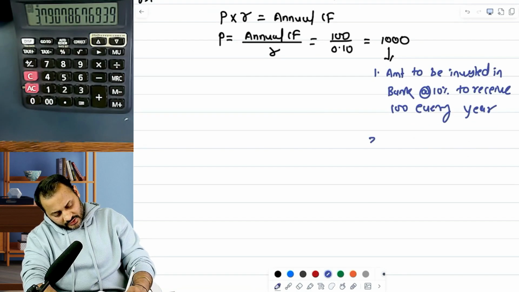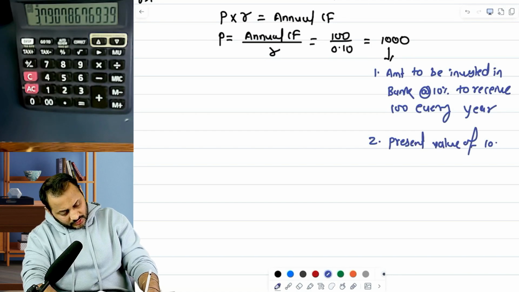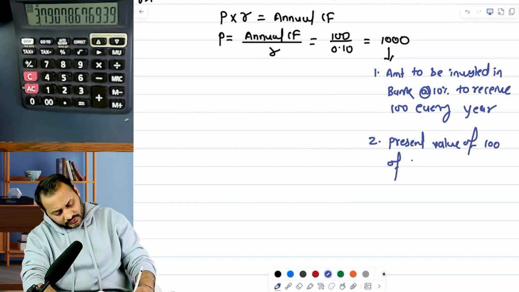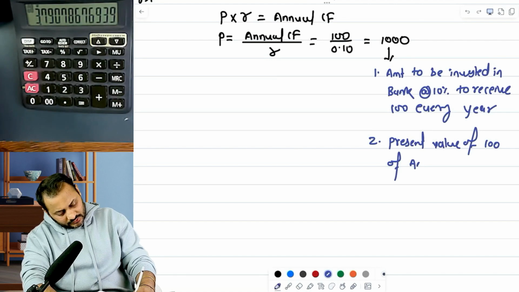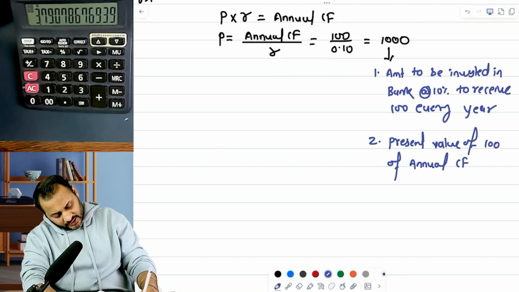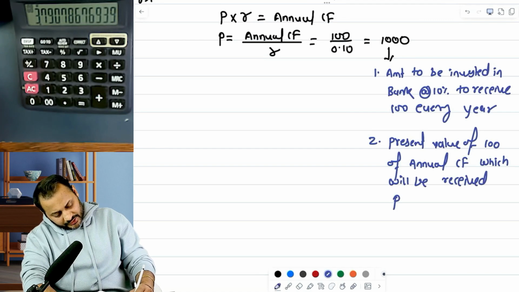In another word, you can also call it the present value of 100 rupees of annual cash flows which will be received perpetually.